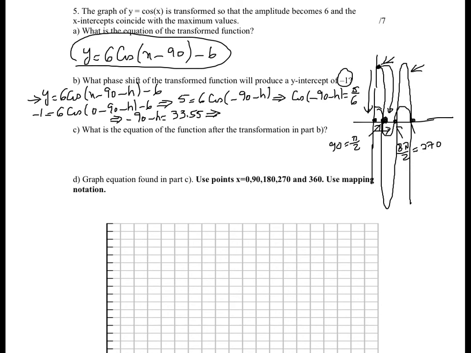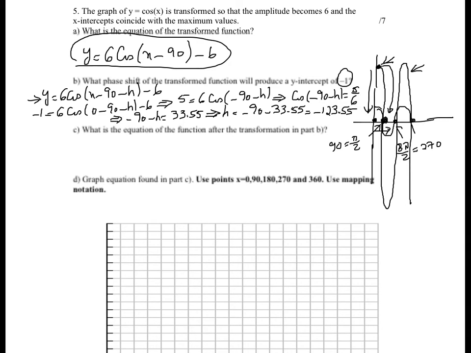From here, if I move negative h to the right and 33.55 to the left, I get h is negative 90 minus 33.55, which is going to be negative 123.55. This means 123.55 degrees phase shift to the left, because h is negative, is going to produce a y-intercept of negative 1.